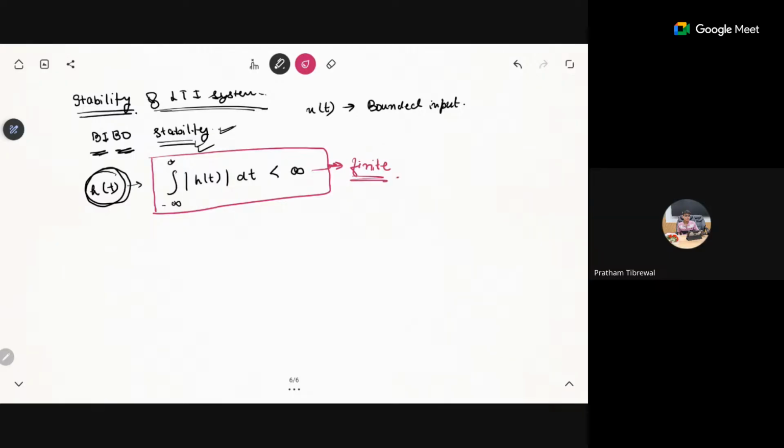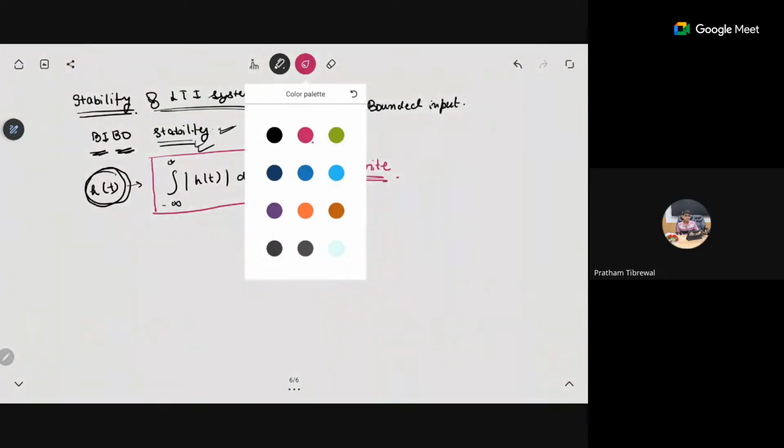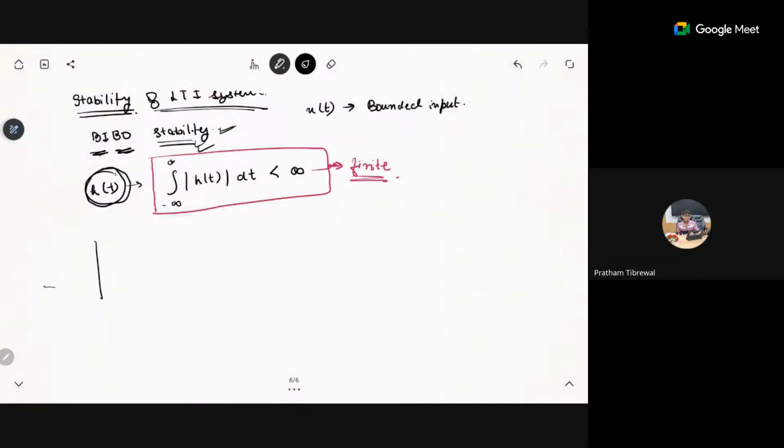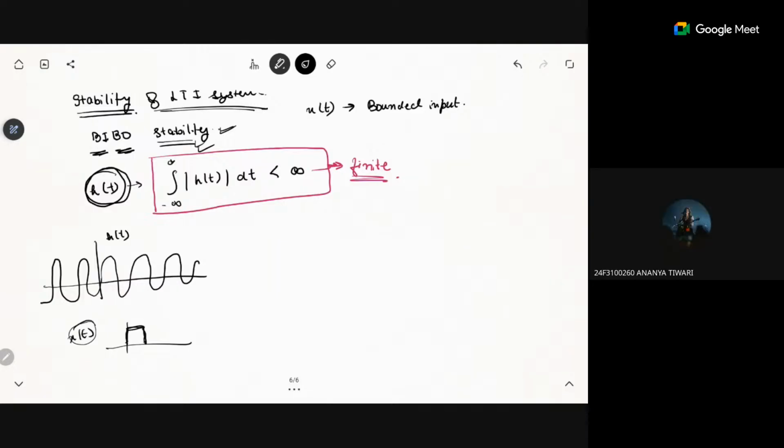Okay, let me ask some questions. Suppose your h(t) is some periodic signal, so we can take it as sinusoidal. Now if you apply some bounded input x(t), maybe a rectangular function, can you tell whether it will be stable or unstable? Unstable. Correct.